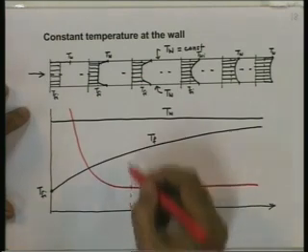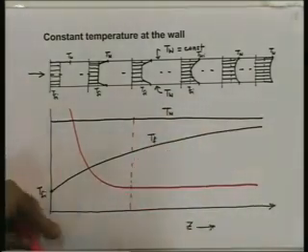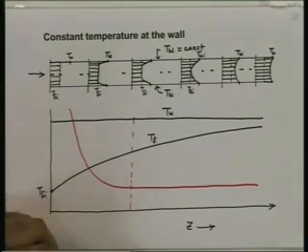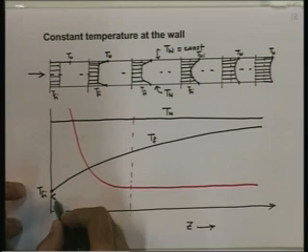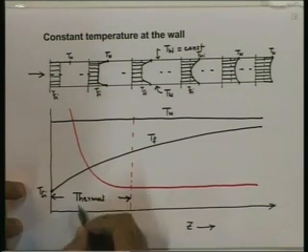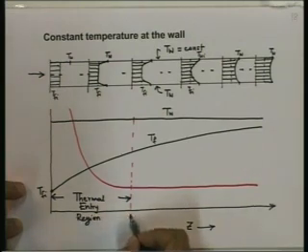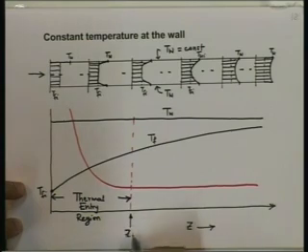This particular zone, where the heat transfer coefficient is a function of Z, is known as the thermal entrance region. And this Z is known as the thermal entry length.